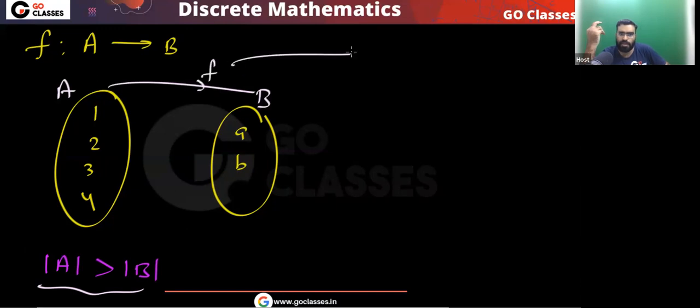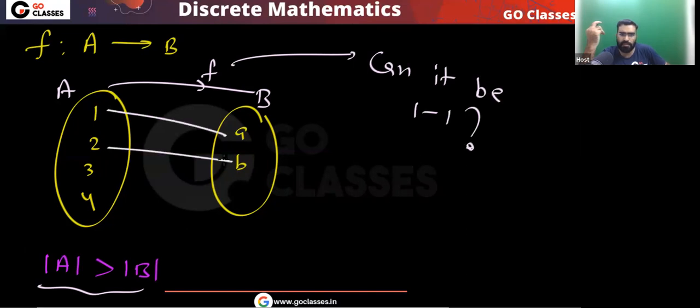From A to B, can it be 1, 1? Again, you cannot create it, because whatever you do, you cannot create a one-to-one function. The answer is no. Can you notice that this is also the pigeonhole principle?